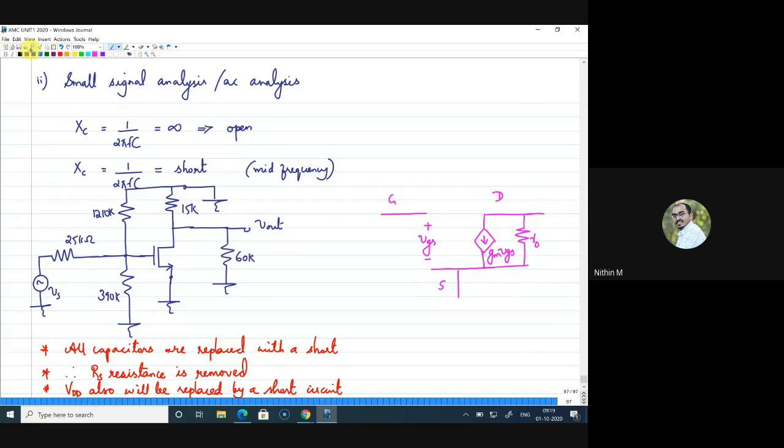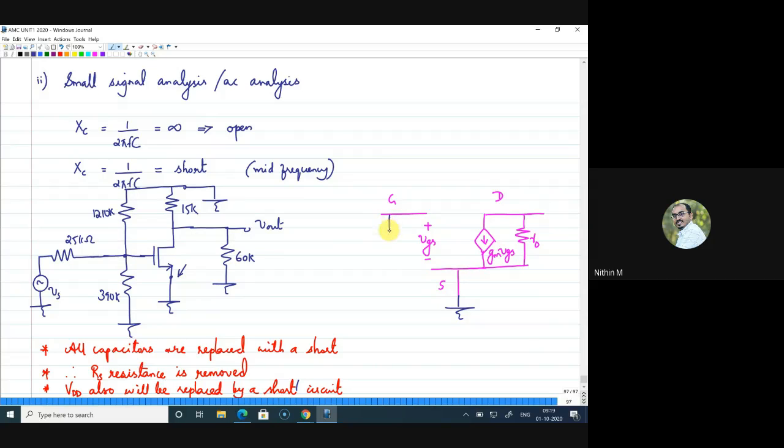So what is the given circuit? Now let us look at the circuit. What about the source terminal? The source terminal is directly grounded, so I can ground the source terminal here like this. Now look at the gate. At the gate you have one resistance from gate to VDD, and VDD is ground now. That means you have a resistance of 1210K from gate to ground.